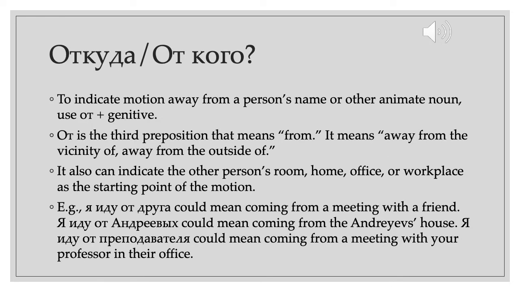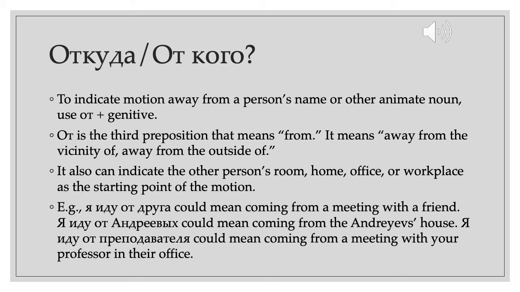And if we want to talk about coming from a person, so we're describing motion away from and we're orienting ourselves in reference to a person rather than a place, we use от plus the genitive. От is another preposition that means from. There are three prepositions that mean from: из, с, and от.